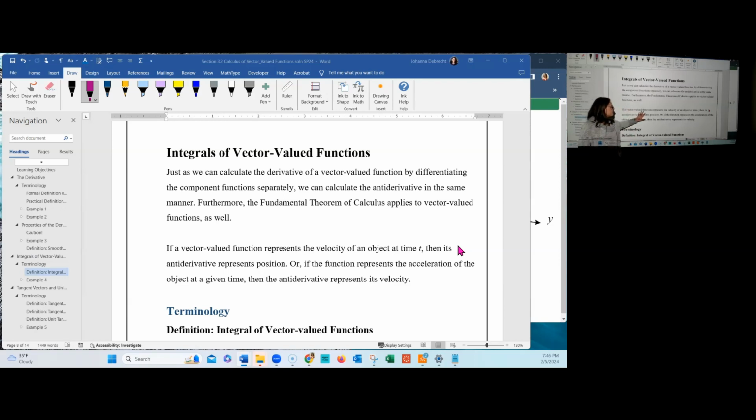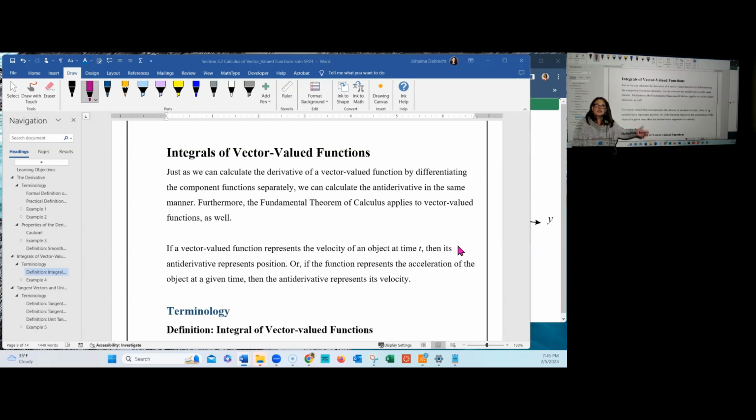If we think of a vector valued function as representing the velocity of an object at a point in time, then its antiderivative would represent position. Or if the function represented the acceleration vector at any point in time, then the antiderivative would represent its velocity. Same relationship that we saw in Calculus 1.